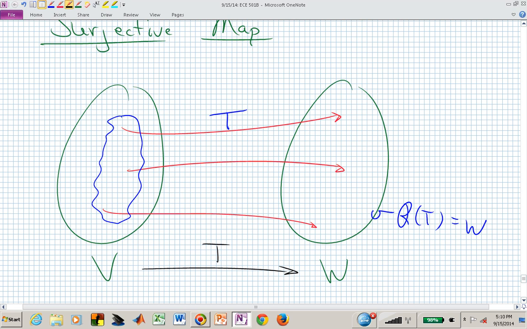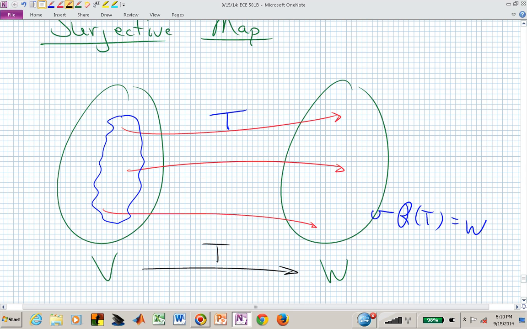How do I want to say this? They may be extra. You may not need them. Yes. So then it means that it's not injective. You might be able to take a point here and go to that same location.